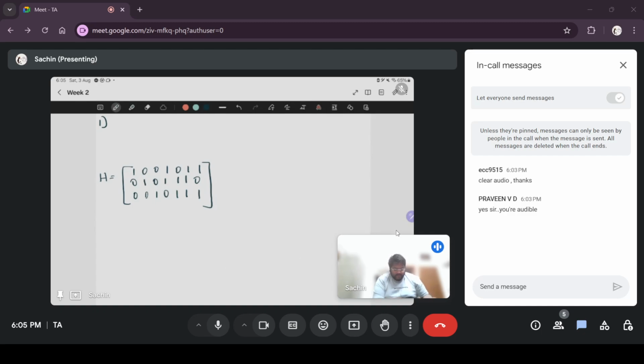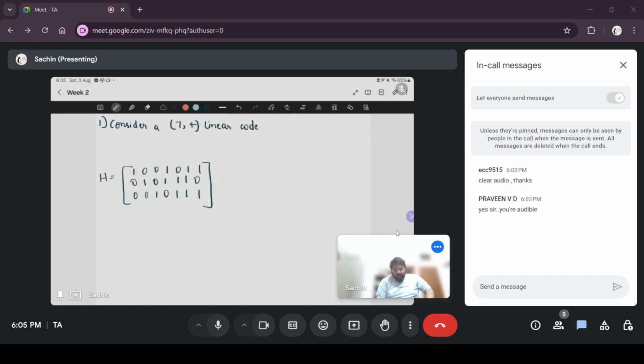Okay, the first question is: consider a (7,4) linear code. So the code word length is n equal to 7, and the message length is k equal to 4.